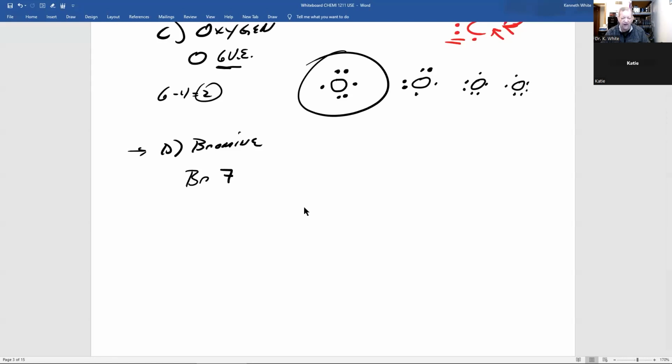Remember, this is how I draw my 7, and I'll let you do the Lewis structure for bromine with 7 valence electrons. Your turn.